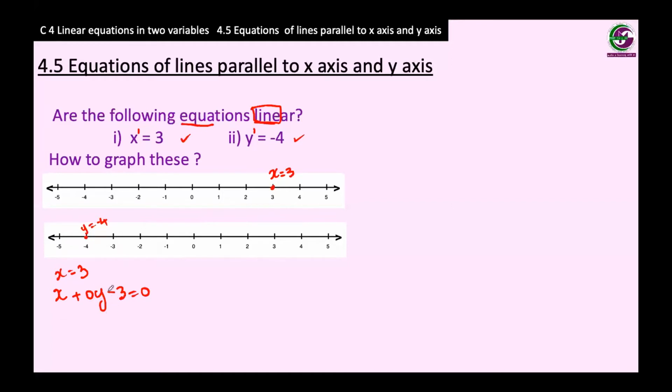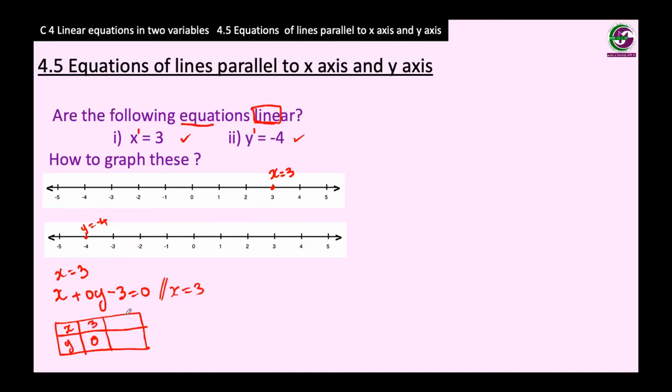Now, how can you represent this? Whatever value of y you give, the value of x remains 3. So let's draw a table to find the values of x and y. You know that to represent an equation on a Cartesian plane, we need only 2 points. You can have more, but at least you need 2 points. If the value of y is 0, x plus 0 minus 3 is equal to 0, so x is equal to 3, because 3 goes to the other side.